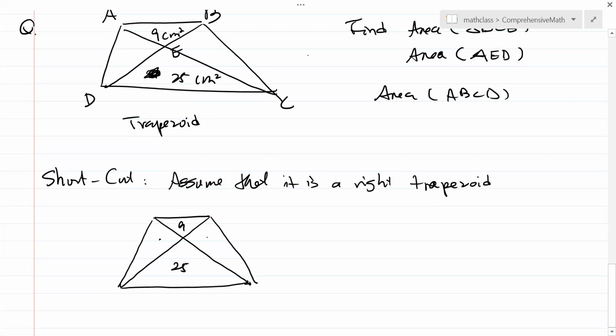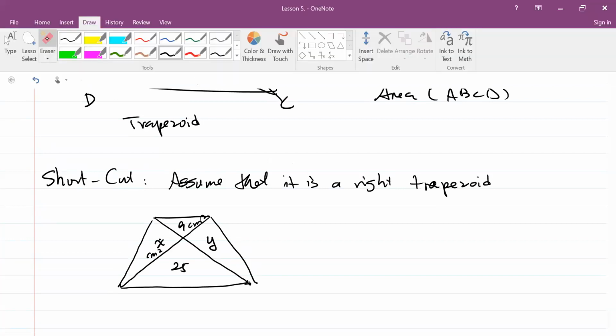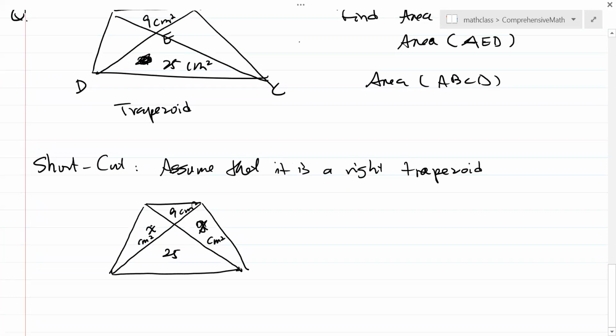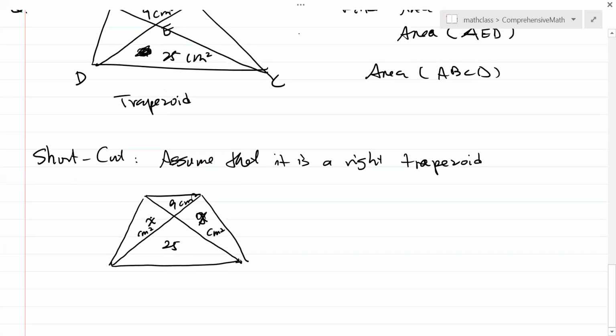So how can you do that? If you assume both sides are equal, this side I call X, and the other side is Y, which is the same. You assume they're the same, so you only have one variable here.